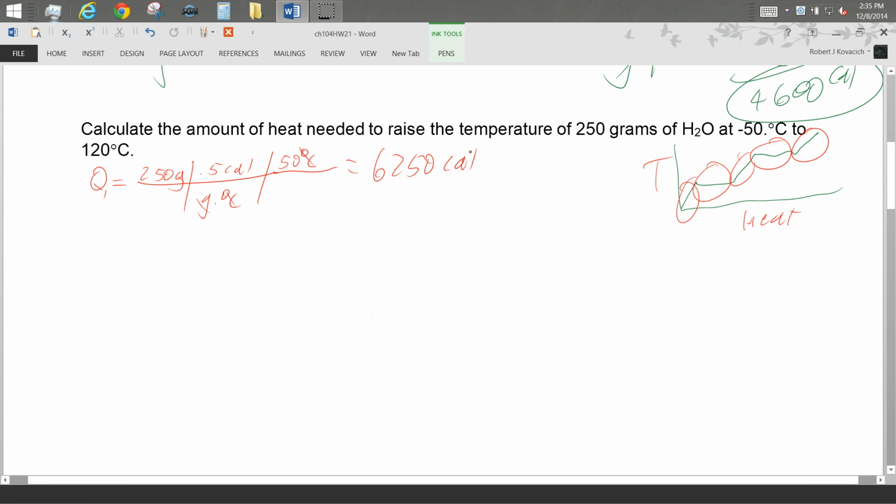All right, so tell me exactly what that 6,250 calories is doing to this ice cube. Warming up the molecules so they're moving enough to start melting. Don't use the phrase start melting. It's simply warming up the molecules to get it to zero. But what do we mean by warming up the molecules?